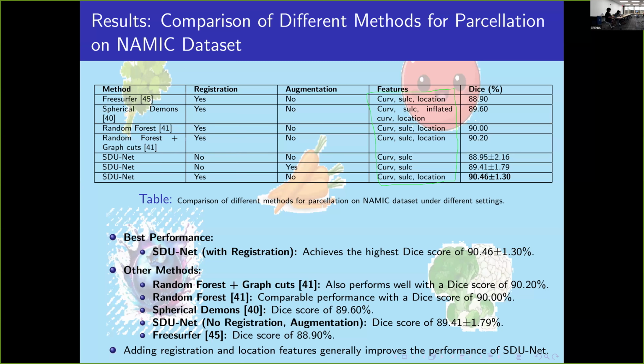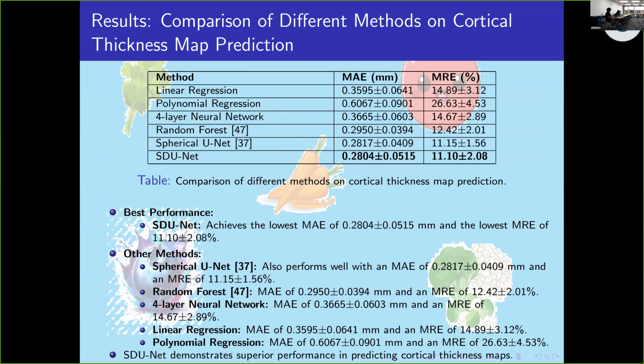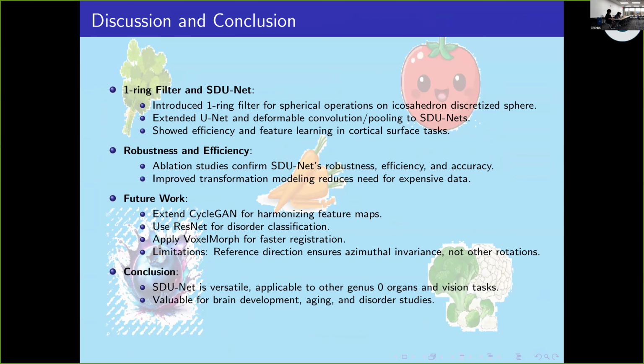Yeah. So that's pretty much it, except for different measures of performance for their cortical thickness maps, but this is roughly the end. Essentially, it's worth mentioning that they define their convolutional operation in spherical space, and they increase accuracy.